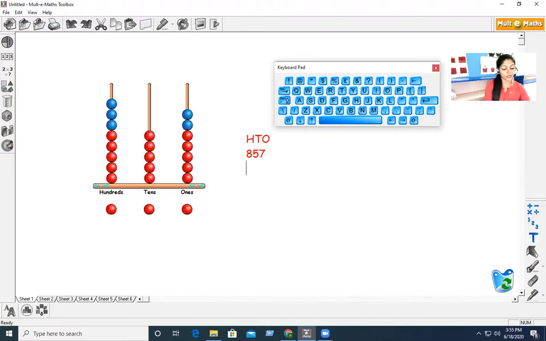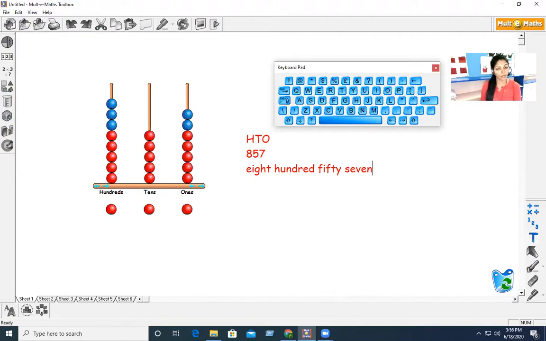So I'm going to write it as 8, E-I-G-H-T, hundred, H-U-N-D-R-E-D, fifty, F-I-F-T-Y, seven, S-E-V-E-N. So the number is 857. Is it clear how to do it?